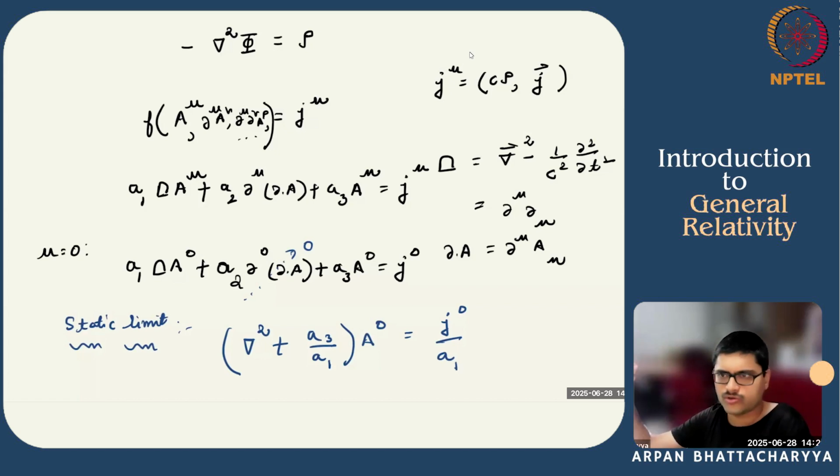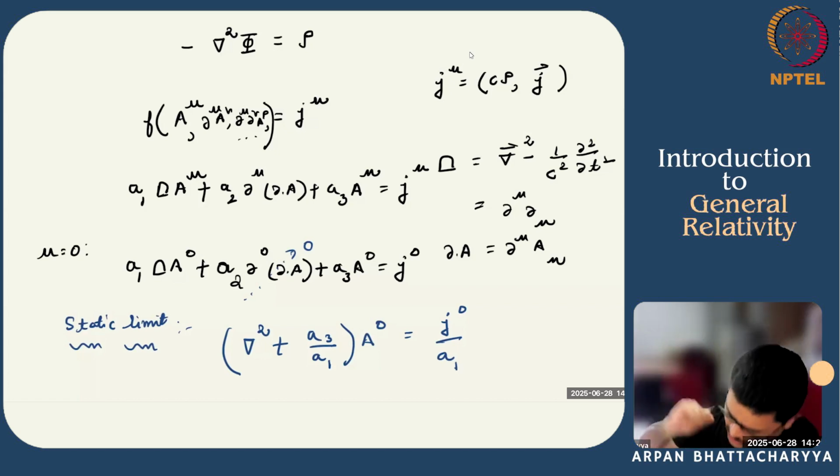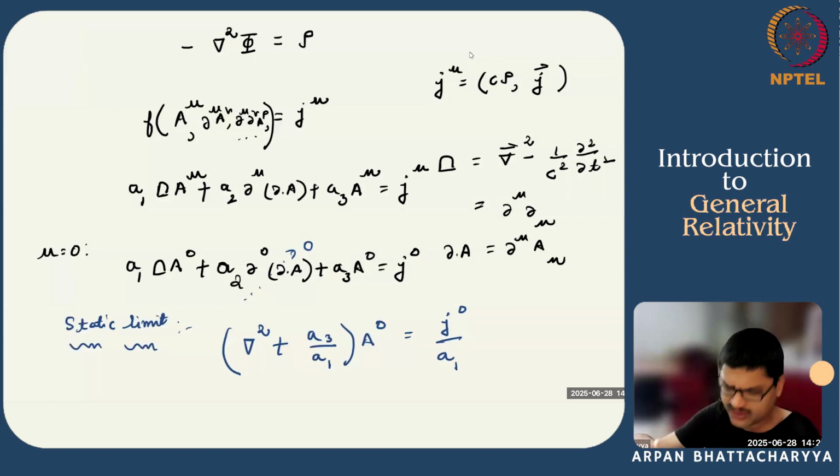I'm not going to write it explicitly at this point. Also note that effectively the box or D'Alembertian will behave as a Laplacian in the static limit because the time derivative acting on it gives you 0. That is why we have just written the Laplacian.